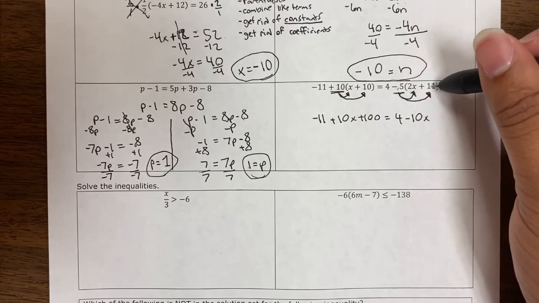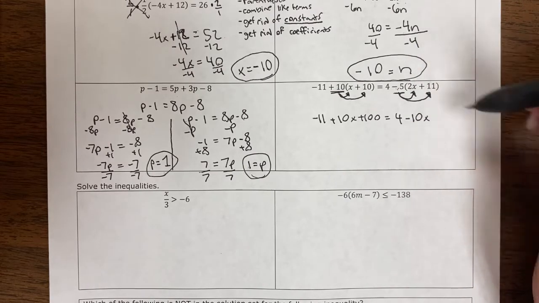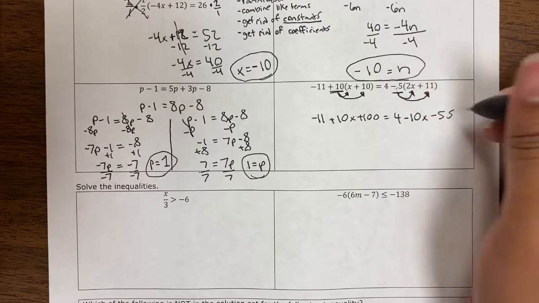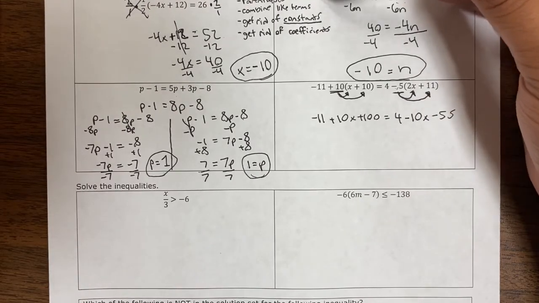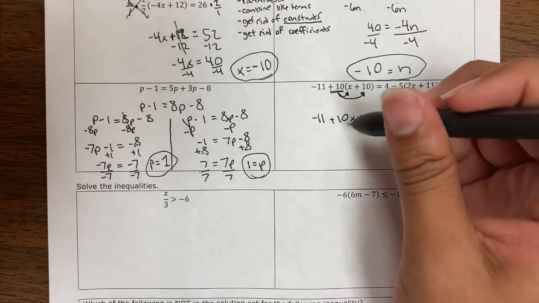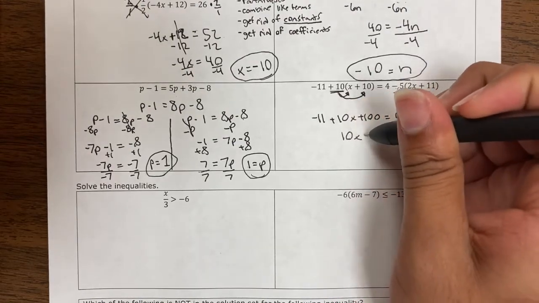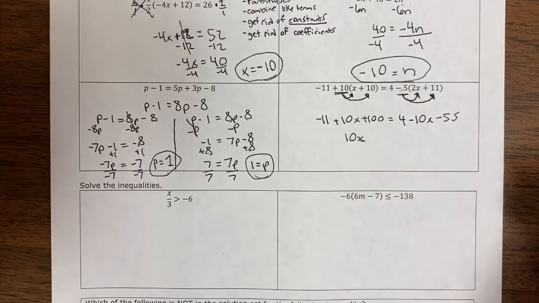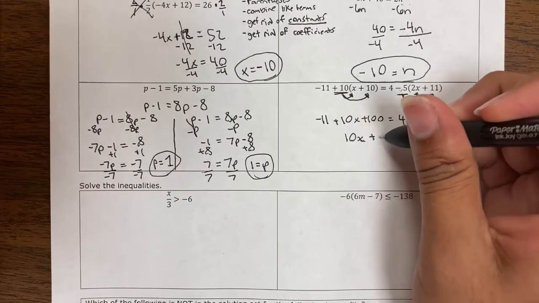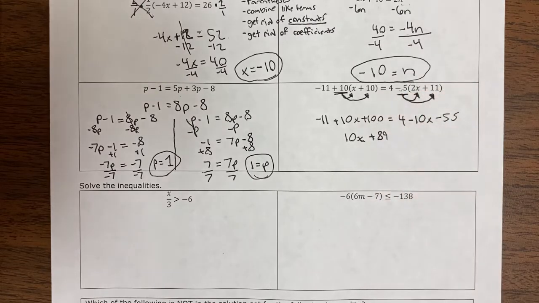Negative 5 times positive 11 is going to give me negative 55. So now I want to combine like terms. So on this side, I'll have 10x, and then negative 11 plus 100 is going to give me positive 89.